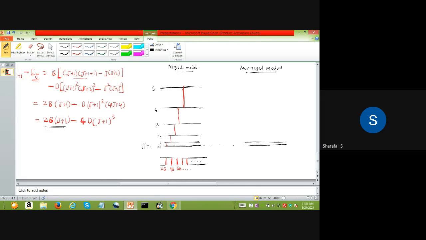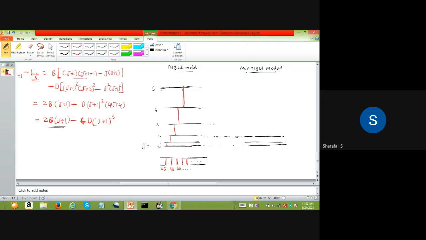If this is your energy level without considering vibration, it will be slightly decreased when you include the vibrational effect, or consider the non-rigid rotator.